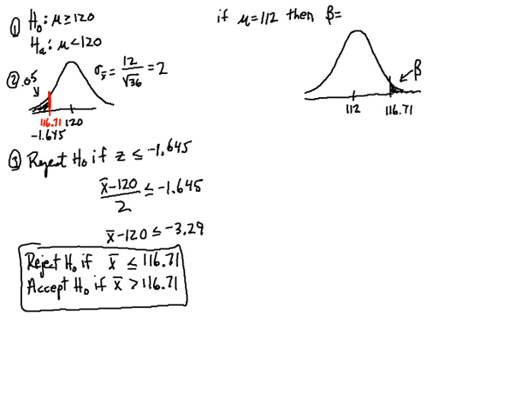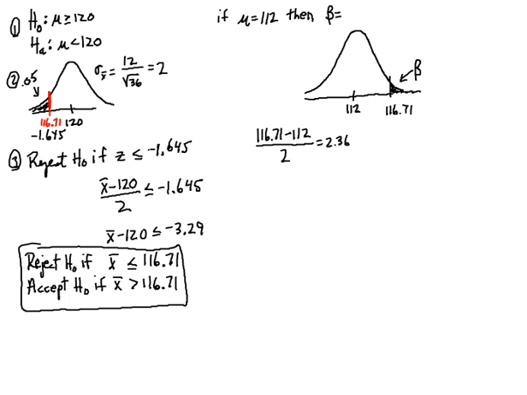Well, we have to find a z-score for the 116.71. So we'll go out here to the left a little bit. 116.71, subtract 112, and divide by the standard error, and I get a z-score of 2.36.